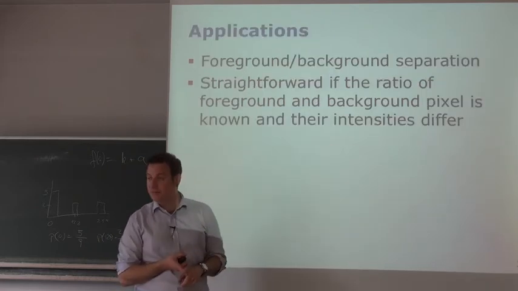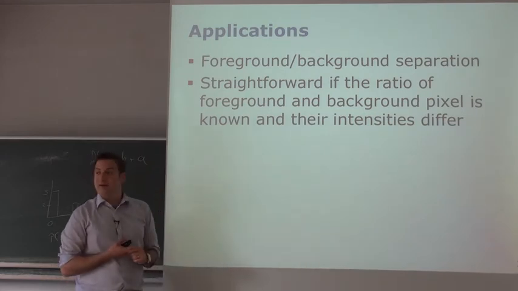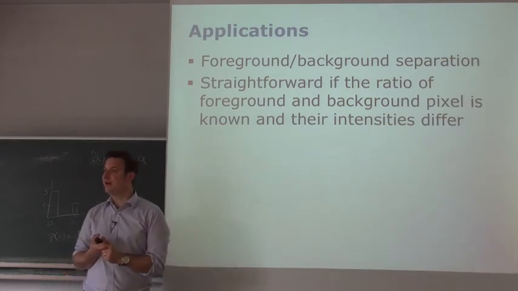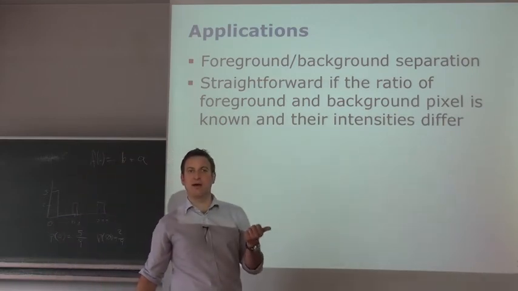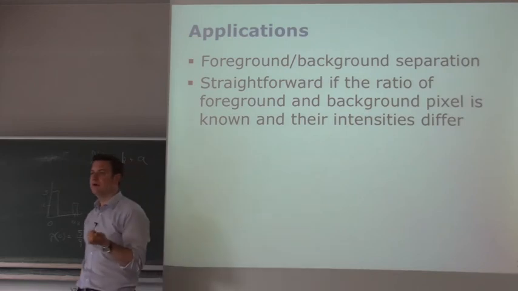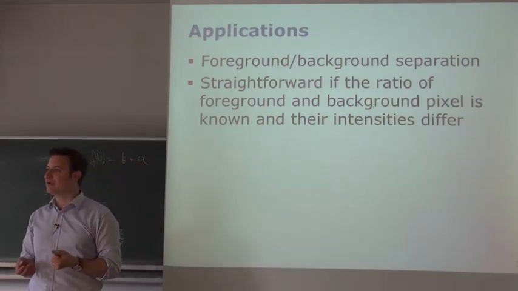As I said, foreground-background separation. This, however, requires that two things are the case. First, I can determine my parameter t, and the foreground and the background can actually be well separated.